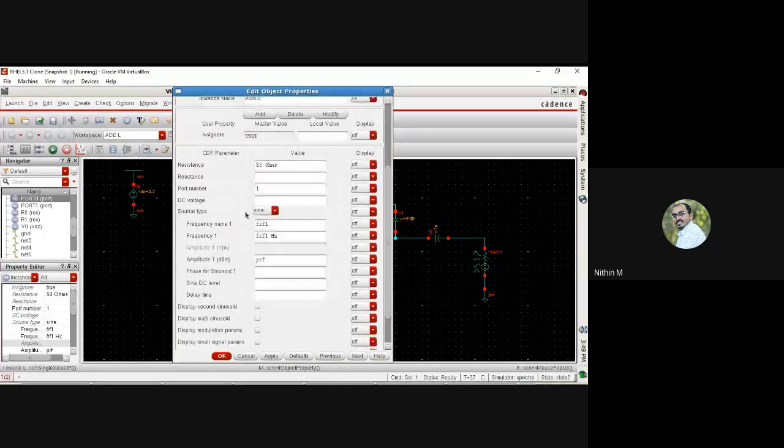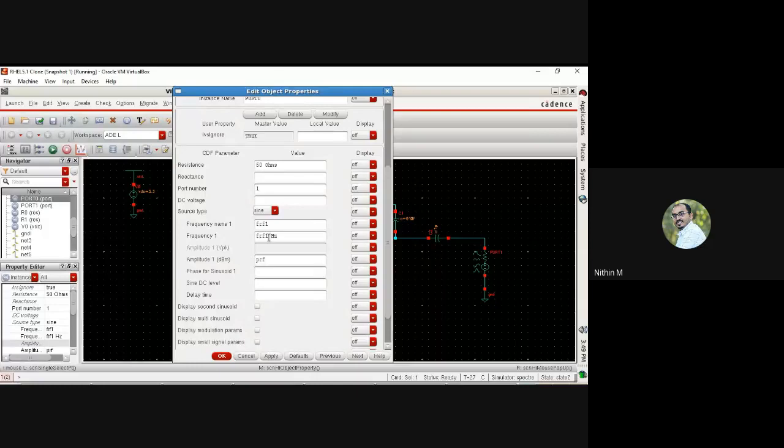This offers that we can enter a resistance value, we can enter a reactance value, we can provide a DC voltage, we can define the type of the source. What I have taken is a sine wave, and we generally define a frequency and amplitude for your input signal. The frequency name I have given as FRF1.